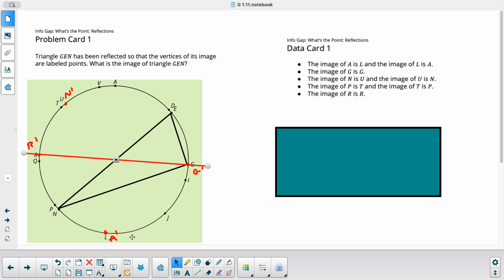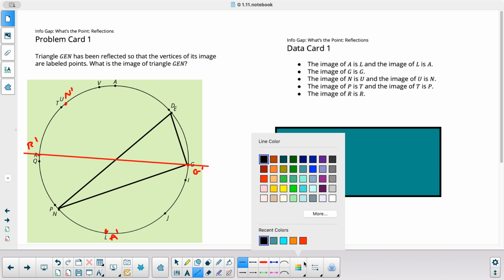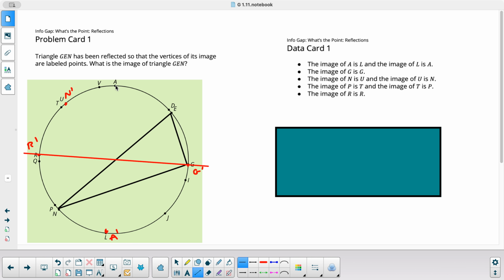So you can see here for A and A prime or L, you can kind of see here, right there. And if I connected these ones, these would be a little bit easier to see because you can tell here, this segment here, it's perpendicular. You can kind of tell, we don't know for sure, but you can kind of tell it's perpendicular.